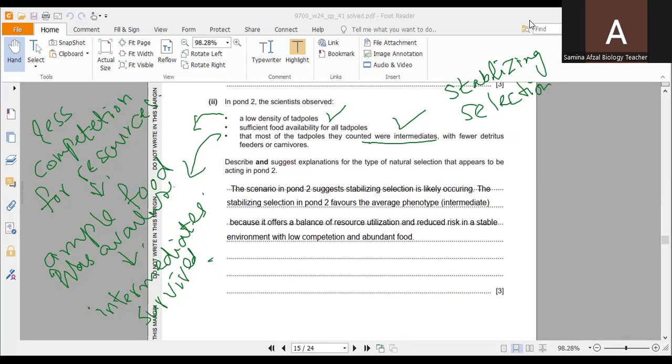So in this way, in stabilizing selection, a stable environment is produced.